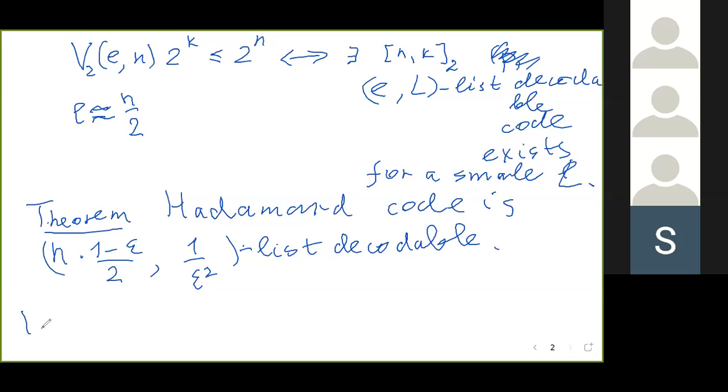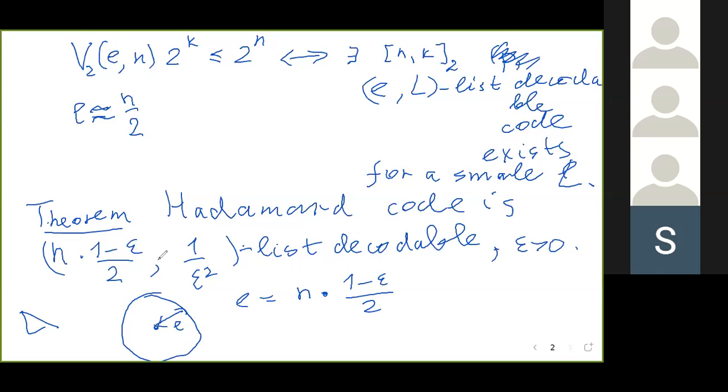And the proof is the following one. This means that if we take any Hamming ball whose radius E is n times (1 minus epsilon) over 2, where in this theorem epsilon is any positive number, and we think of epsilon as some constant.